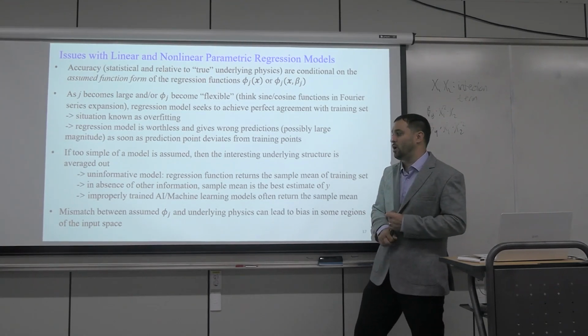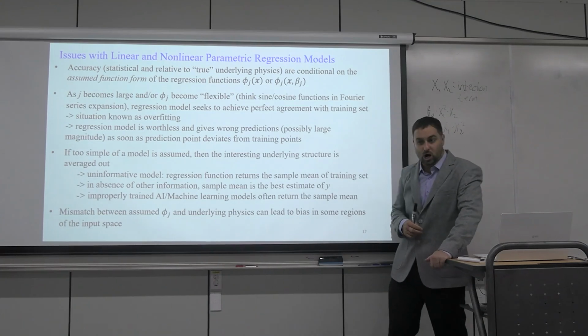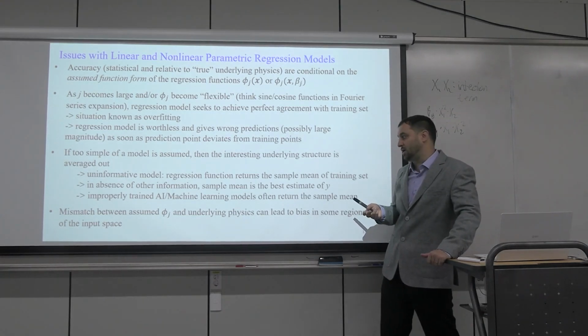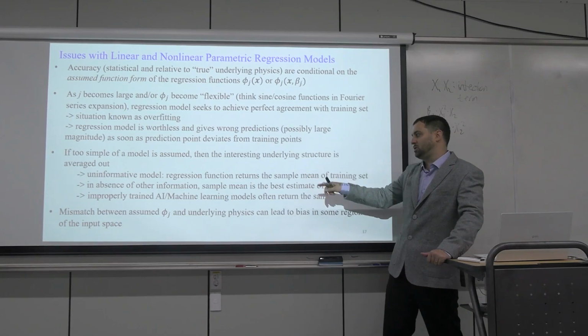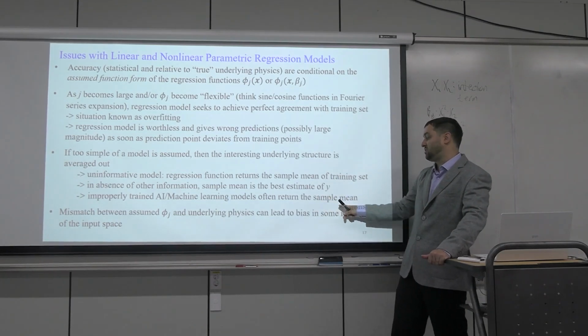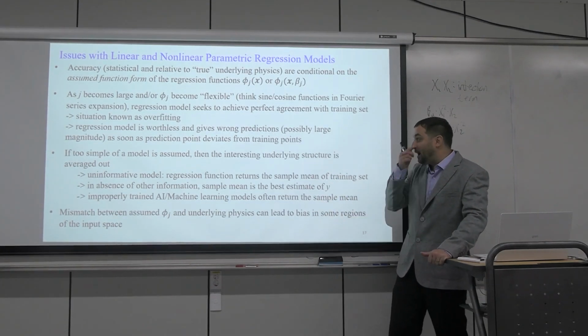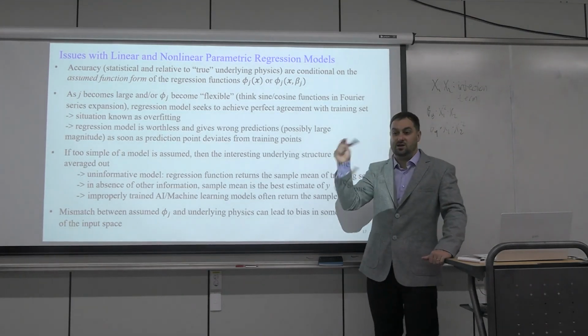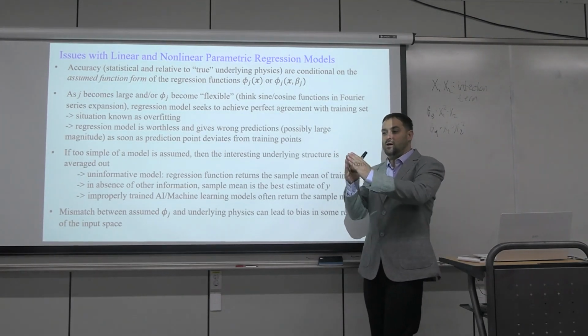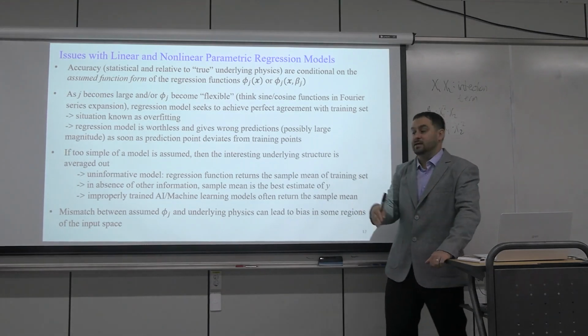And I know a lot of you might be trying to use AI and machine learning. Something you need to watch for: improperly trained AI machine learning models will often return the sample mean or be overfit. They might be overfit near the data points, but then when you get away from the data points, they return the sample mean.